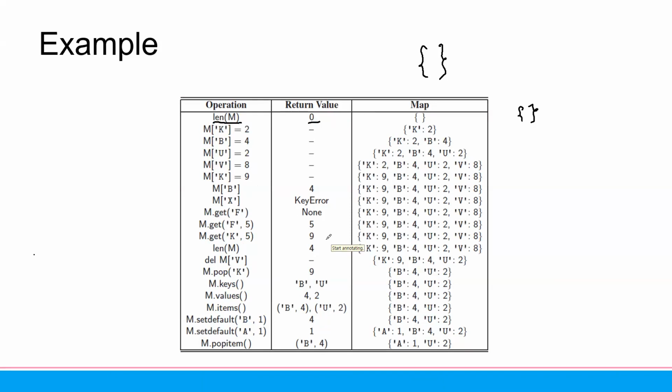This is 0. Now I want to make one element. So I want to create a new key, which is K, and the value is 2. So the information that will be given to the map is K, which is the key, and then 2, which is the value.